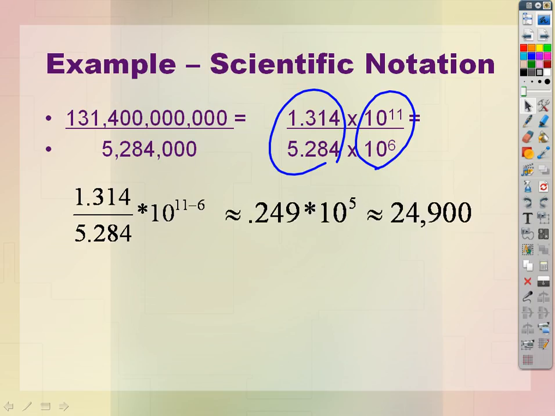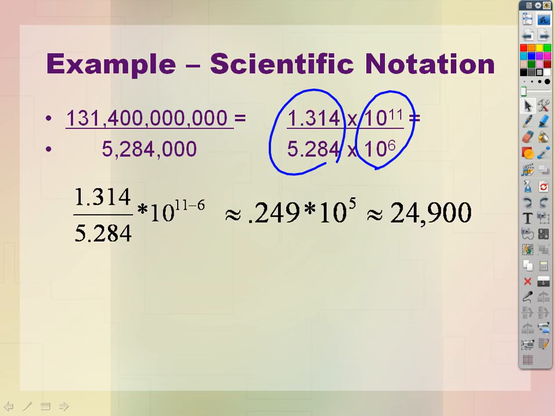And we could have estimated that. 1.3 times 2 is 2.6 times 2 is 5.2. If you ignore this stuff right here, that is 1/4, right? So we could have easily said, yeah, that's about 0.25. So 0.25 times 10 to the, well, look here. Divide like bases, subtract the exponents.